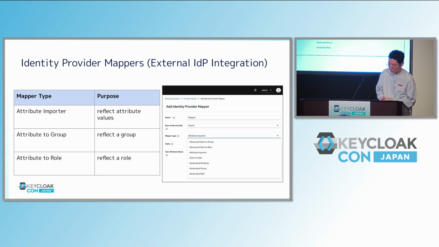Just like user federation, when you're at an identity provider in Keycloak, a set of default mappers is automatically configured. However, these defaults don't always match the structure of the external IdP.